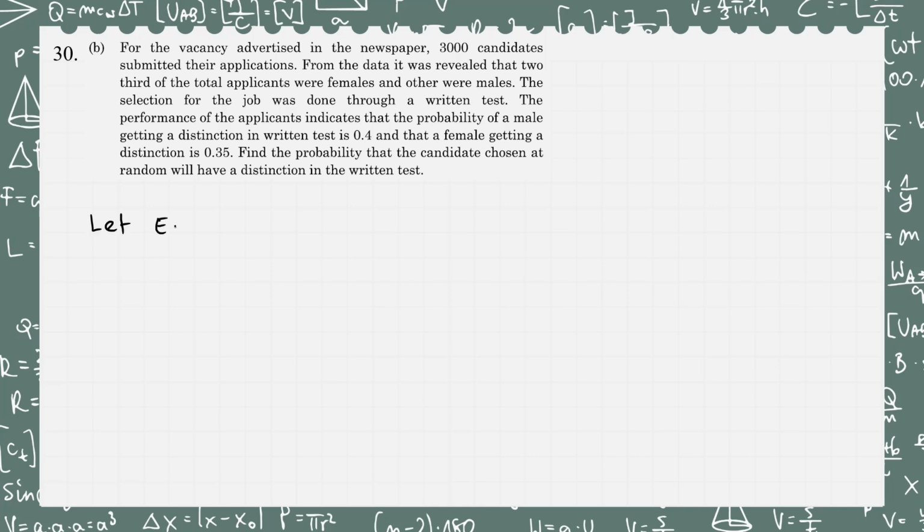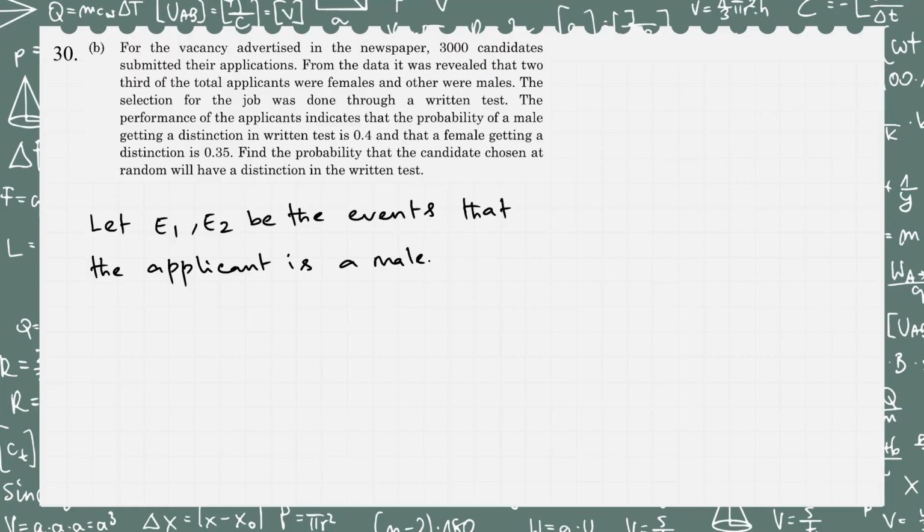Let E1 and E2 be the events that the applicant is a male, female respectively.